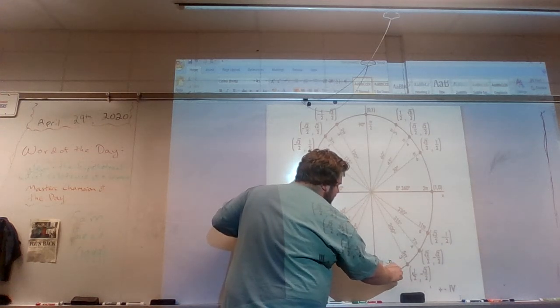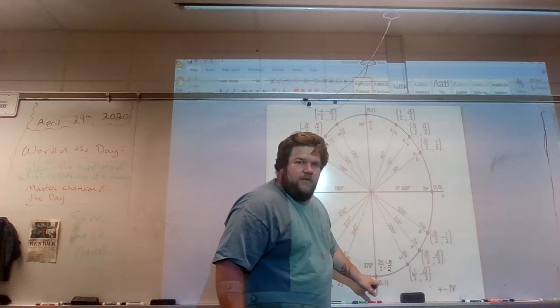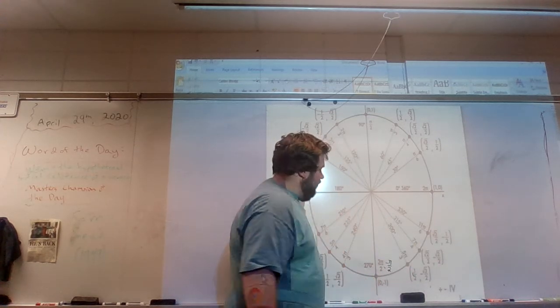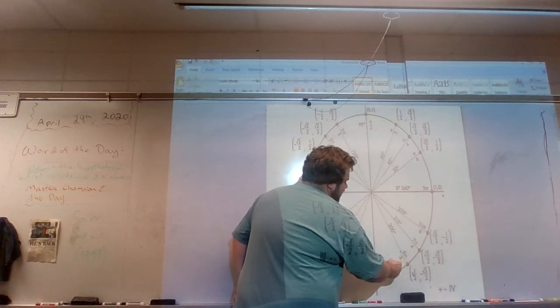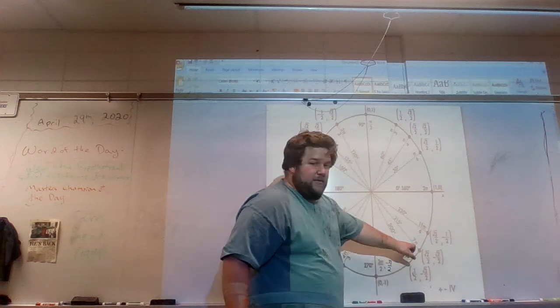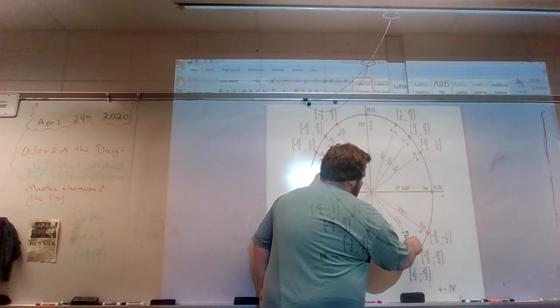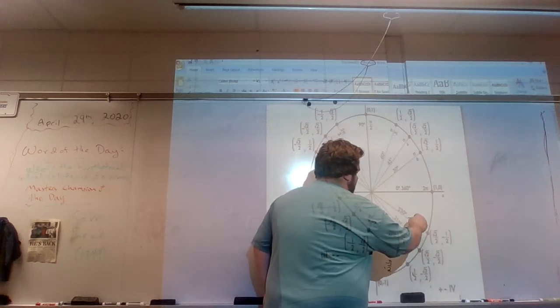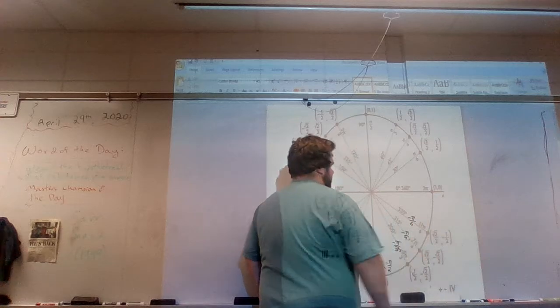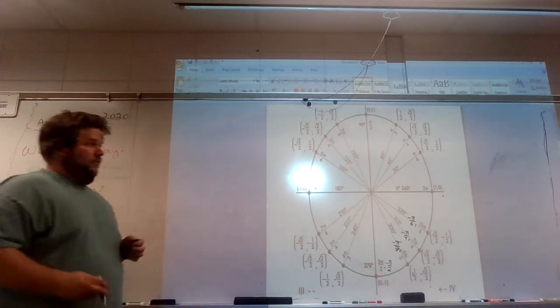This is coterminal with the angle negative pi over 2, just because I could go clockwise, and that's a negative angle. This 5 pi over 3, instead of thinking about it like that, I would think about it as negative pi over 3. Instead of thinking about 7 pi over 4, I think about negative pi over 4. Instead of thinking about 11 pi over 6, I think about negative pi over 6. So go through and add all those values to your unit circle.